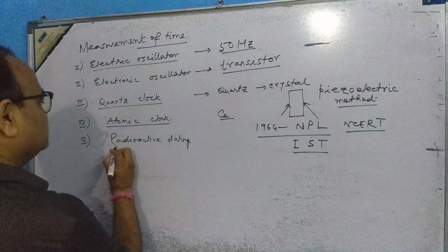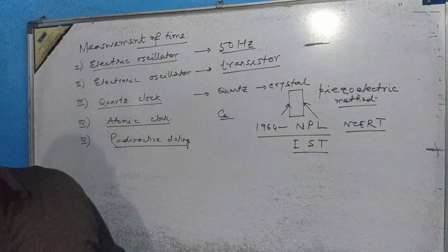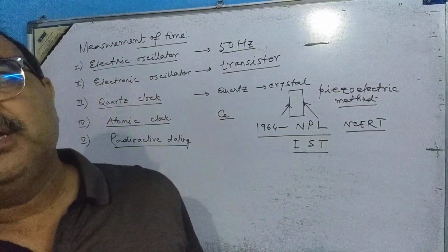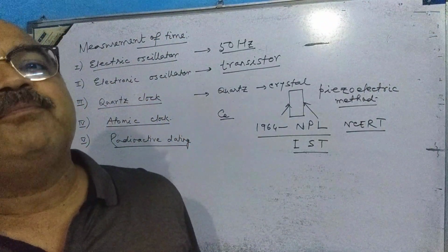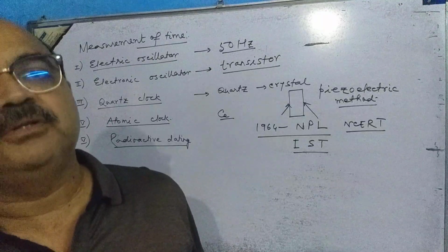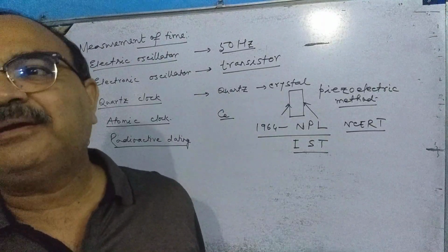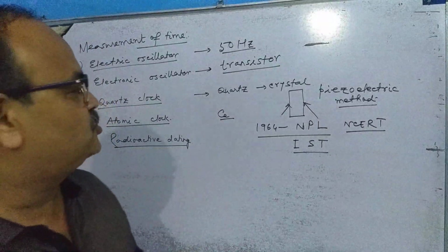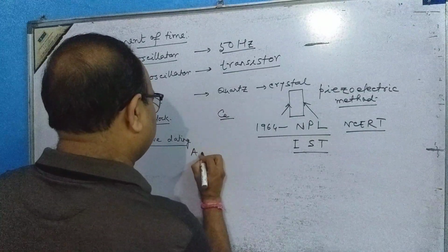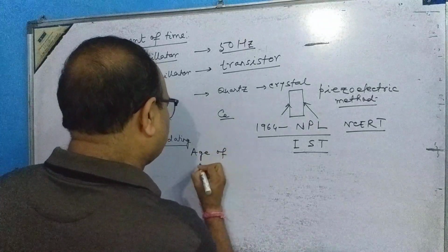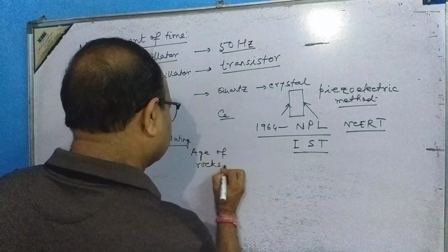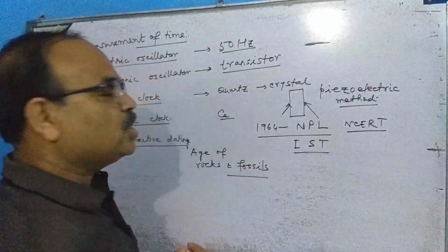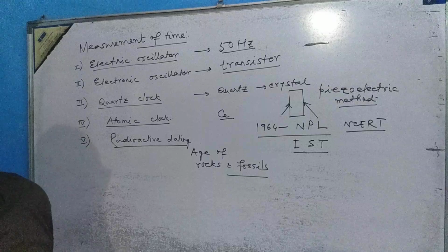And lastly, there is the technique of radioactive dating. Radioactive dating is used with radioactive samples. It is a technique by which we can find out the age of rocks and fossils.